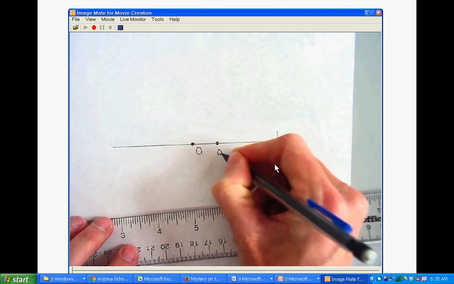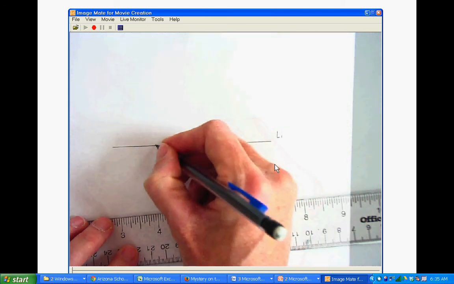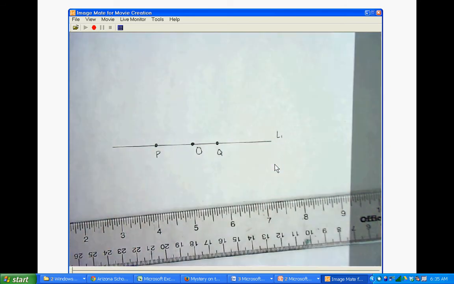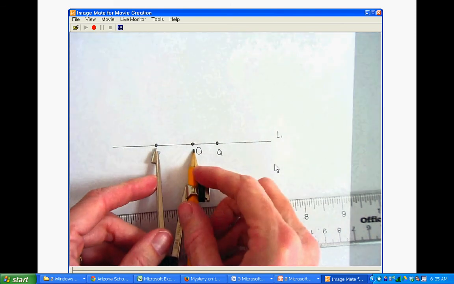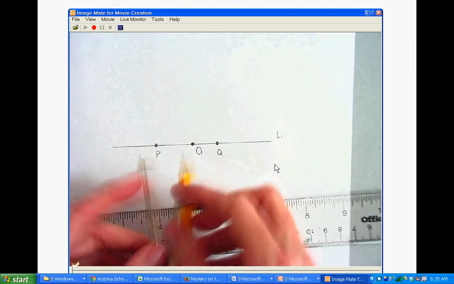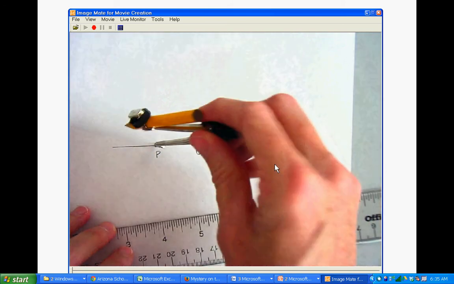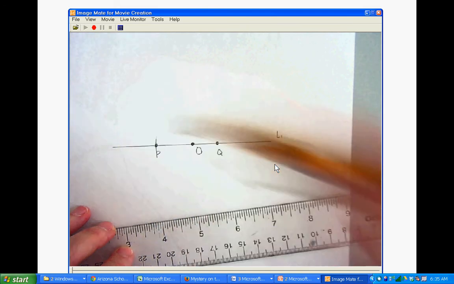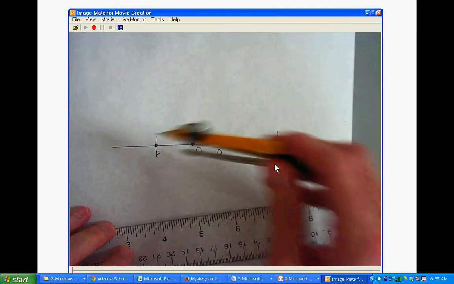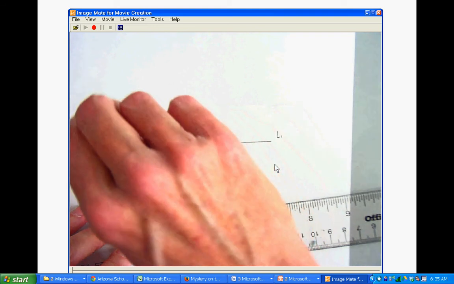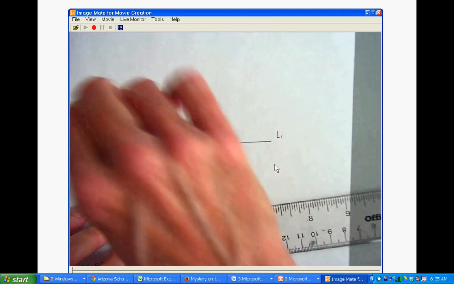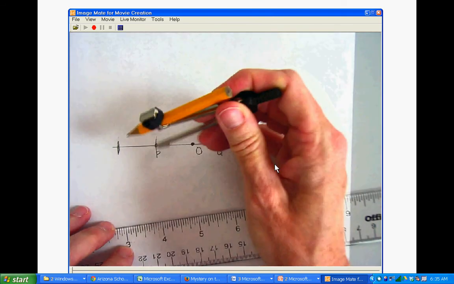We'll call this one Q, and we'll pick another point over here and call this P. Well, again, using our compass, we can measure between O and P, which means if I take this and draw the cross and then do it again, then that means this point is going to be P prime.